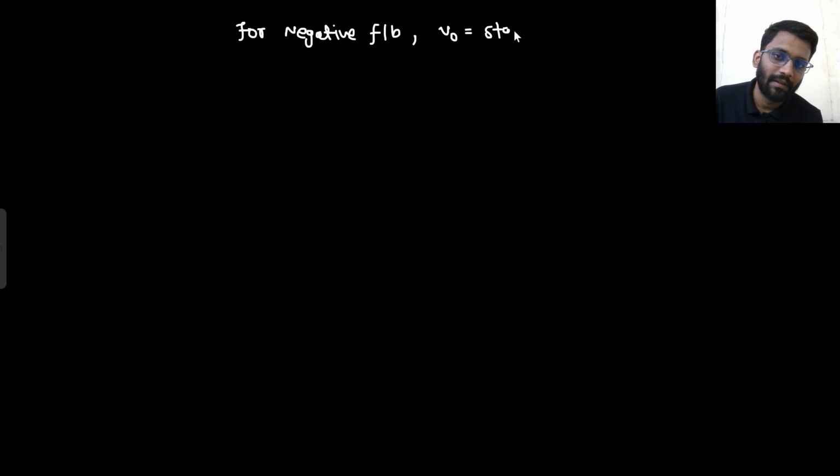But for negative feedback, V naught is stable, right? So what is your V positive minus V negative? That is equal to V naught by infinity. So this is a stable value. It will be a finite value, that's for sure.